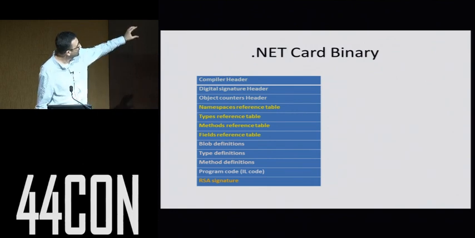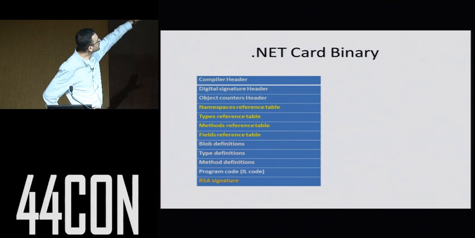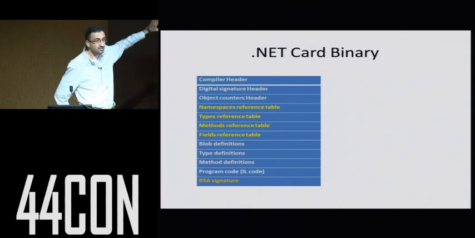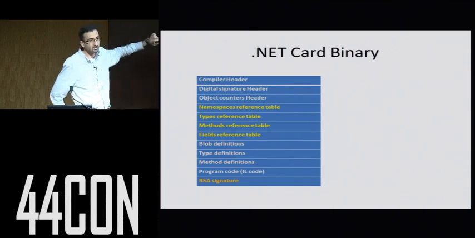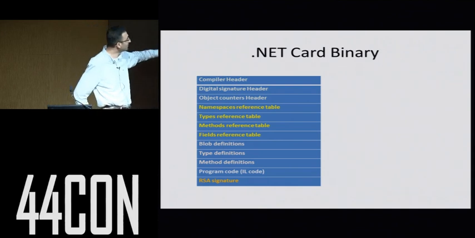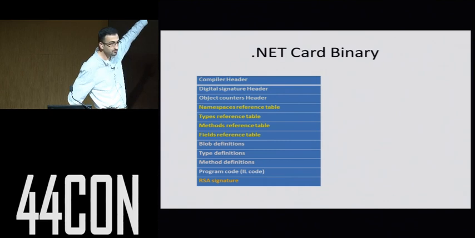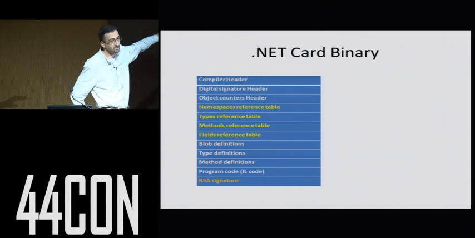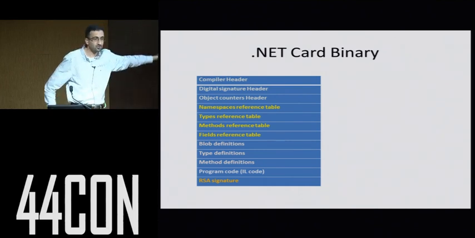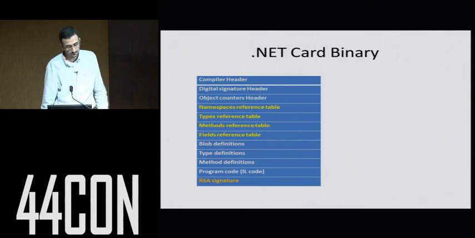And finally, a signature is calculated over all these sections and appended to the end of the file. Obviously, then the VM would be able to compute the same signature again on the card, compare it with the appended signature, and ensure that the file is not modified.